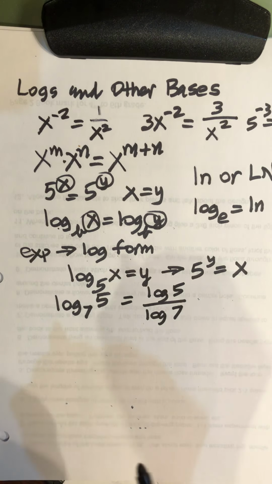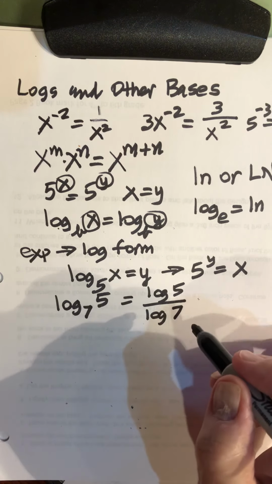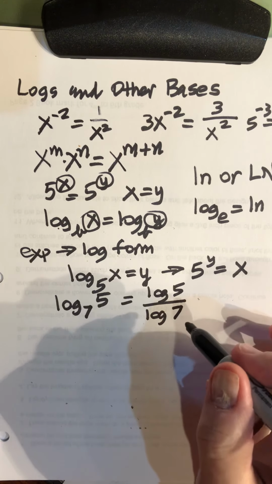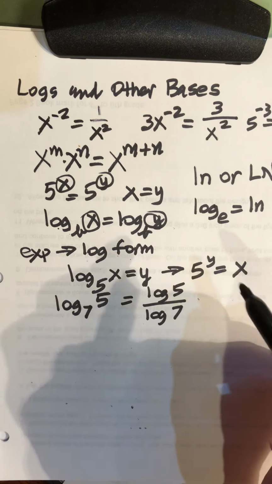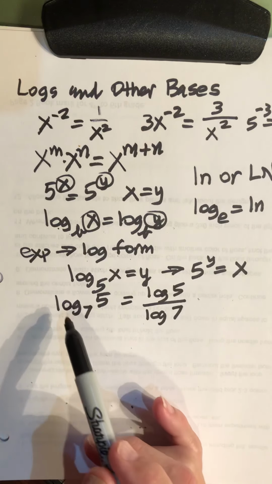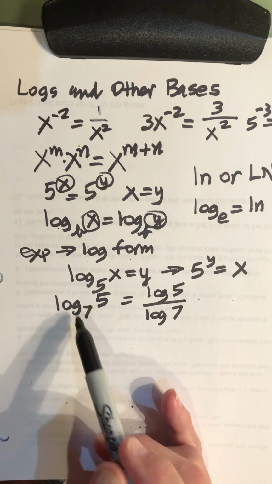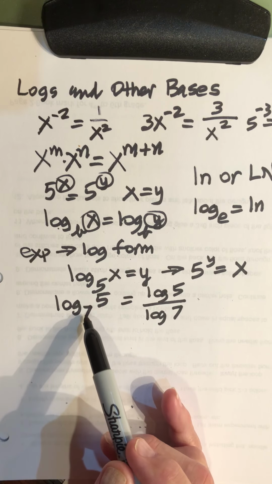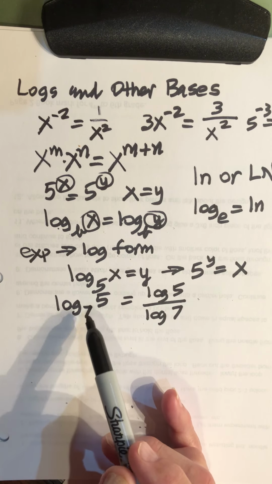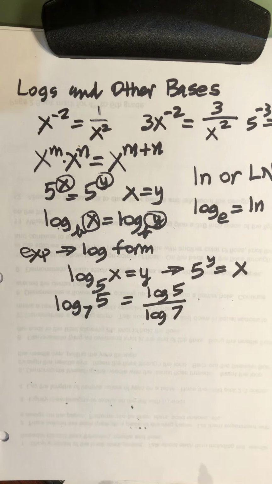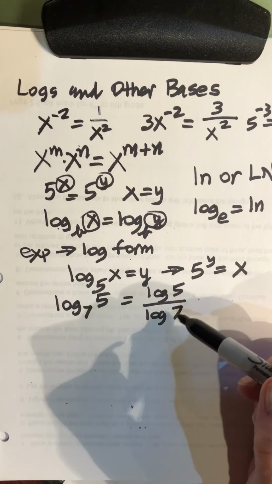Okay, this used to be more important than it is today because our old calculators couldn't handle log base 7 of 5. Your calculator, the Inspire, will actually ask you to put in the base. But we didn't used to have that, and of course this was very important at that time.